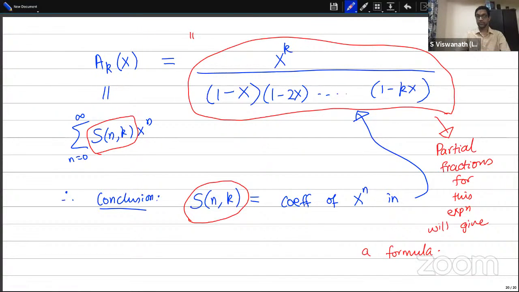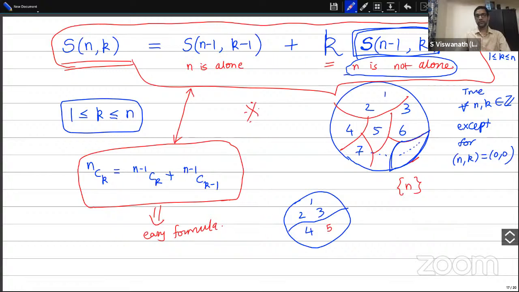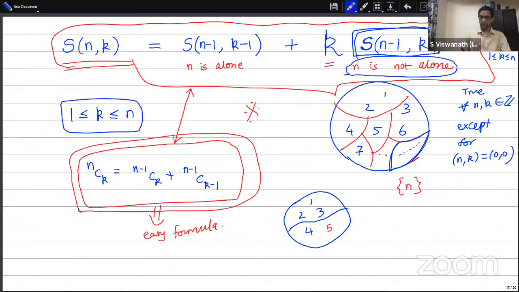So here's another question for the tutorial. What if we had decided to do this method for the binomial coefficients? So instead of for the S(n,k)'s, I start with nCk. I fix k and form a series C_k(x) equals the summation of nCk x^n, n goes from 0 to infinity.